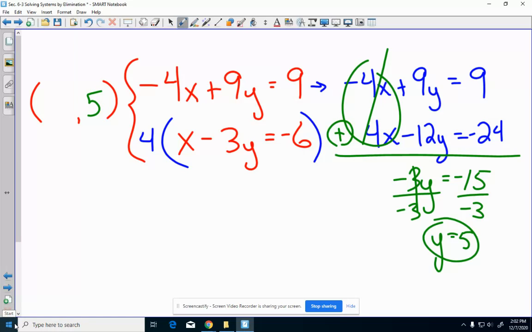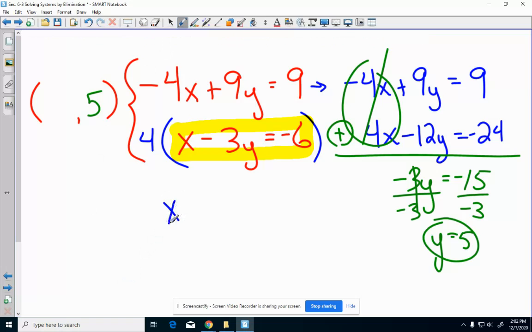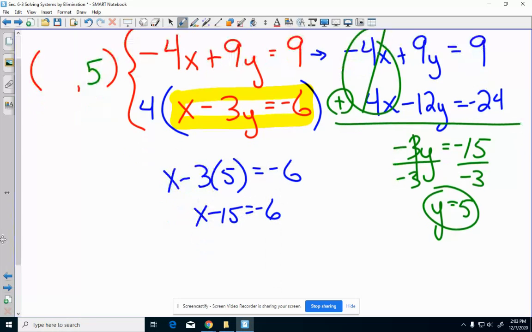All right, and then I'm going to take that answer of 5 back to one of these original equations. I would say probably if we take that equation right there, it looks like it's probably the easiest to work with. So that would be x minus 3 times 5 equals negative 6. So x minus 15 equals negative 6.